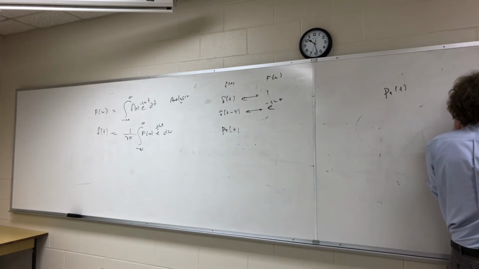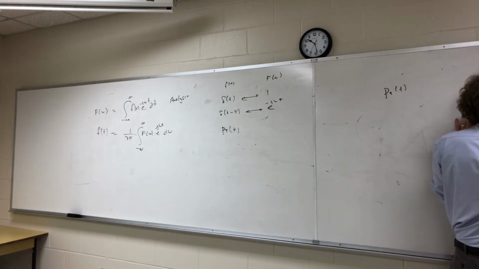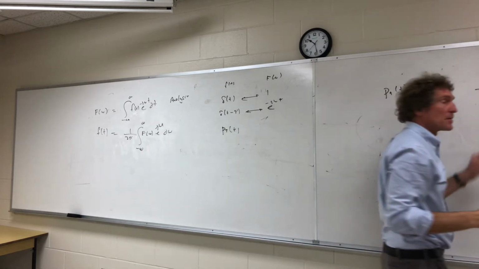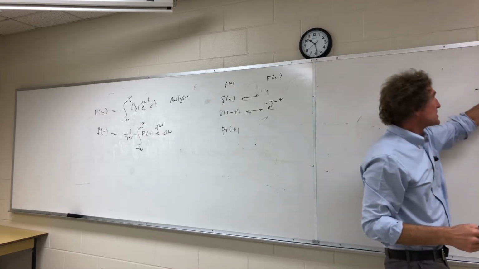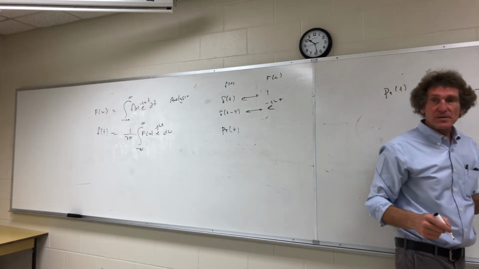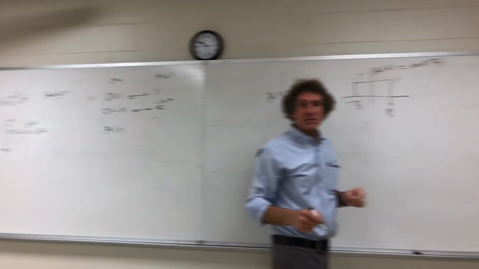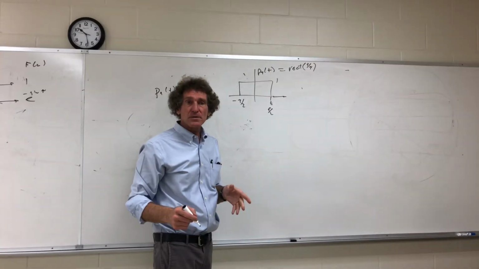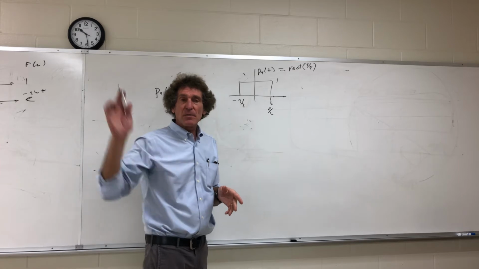In the book we're using now, it's defined as rect of t over tau, where tau would be the width. The width is in the subscript of the pulse function here, it's inside the argument for the rect function. These are used interchangeably in the journals. Y'all remember that pulse function? How many remember the pulse function, the rect function?